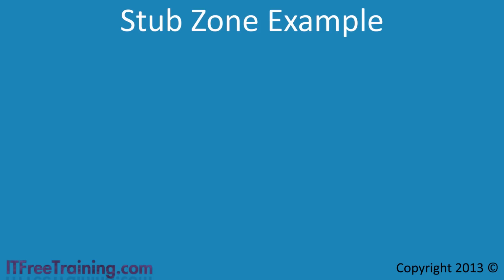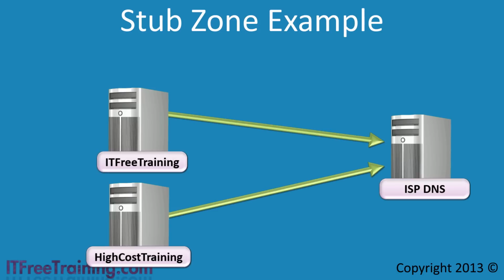They both have their DNS requests forwarded to their ISP's DNS server. If a computer on the High Cost Training domain wanted to resolve a computer located on the ITFreeTraining network, the request would be forwarded to the ISP's DNS server, which would not know how to resolve it. So you want to forward requests like these to the ITFreeTraining DNS server.